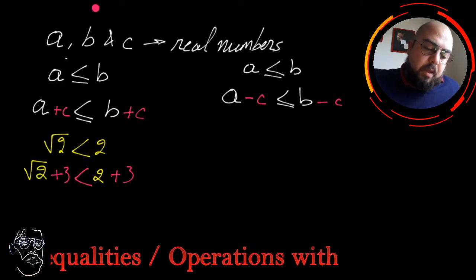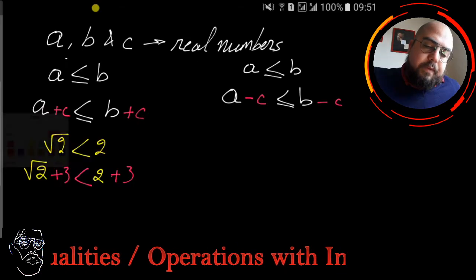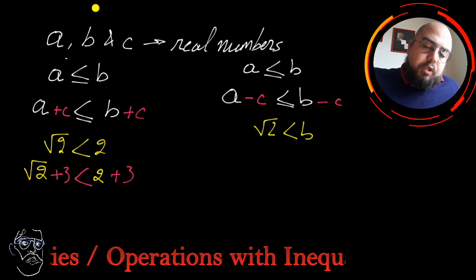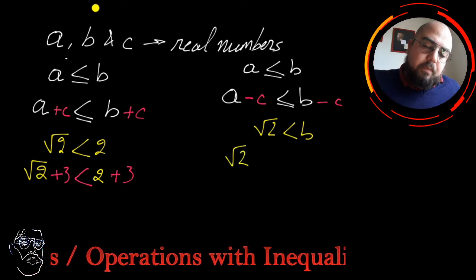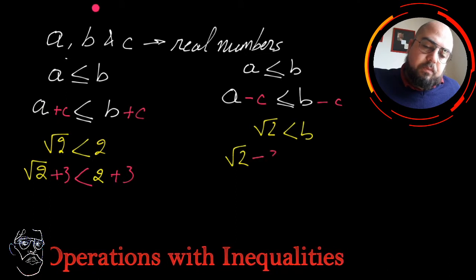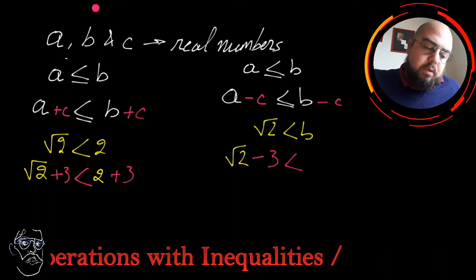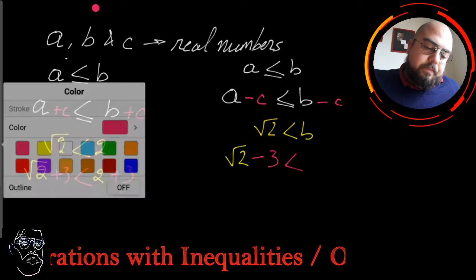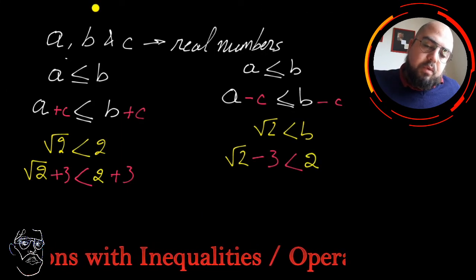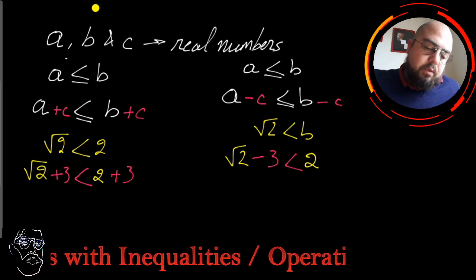Let's take the same example. We have the square root of 2 smaller than 2. The square root of 2 minus 3 will still remain smaller than 2 minus 3.